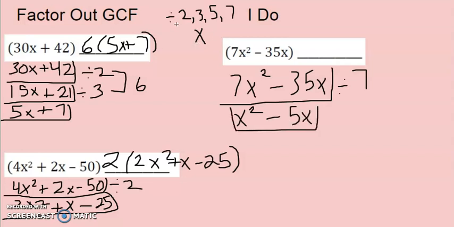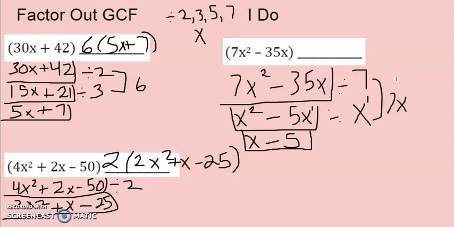We can't divide out any other numbers, but we can divide out x to the first power because the smaller exponent is a 1. So if we had x squared here, we took out x to the first power, we have x left because 2 minus 1 is 1. 5x divided by x is just 5, so we have minus 5. 7 times x is 7x, that's our GCF. So we write our GCF on the outside, 7x, parentheses, x minus 5, close parentheses, and that's it.